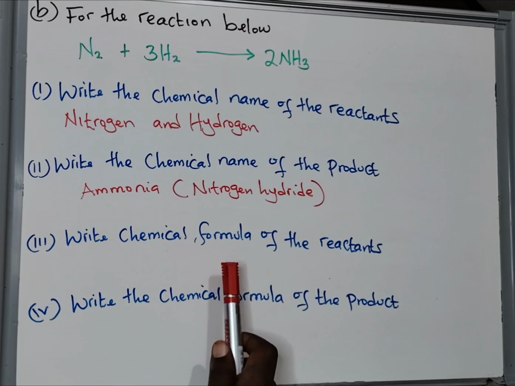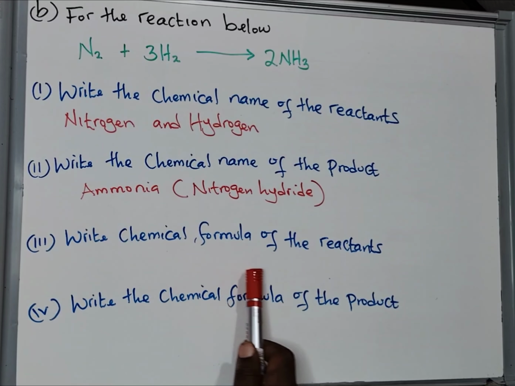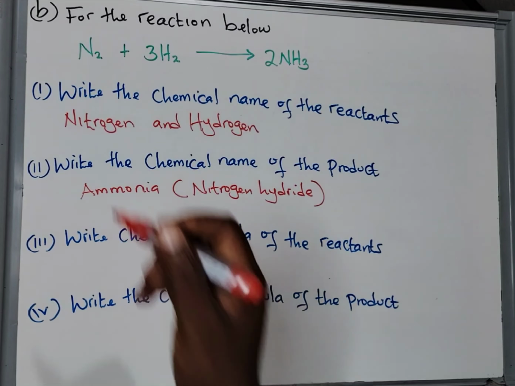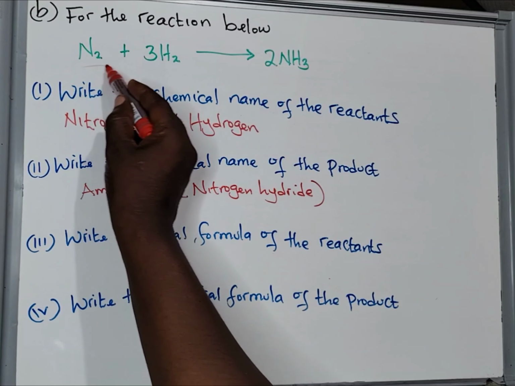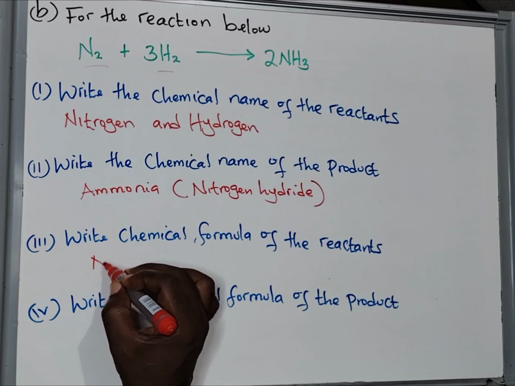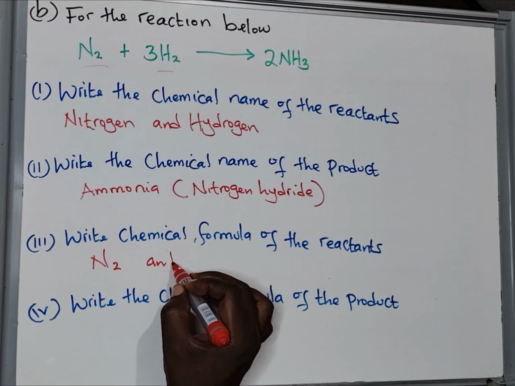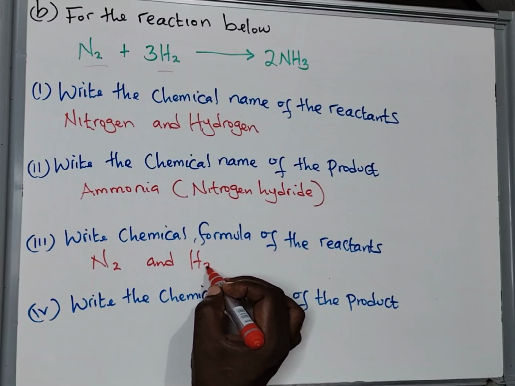Yes, so comes this question. It says that for the reaction, write the chemical formula of the reactants. So what's the chemical formula of the reactants? They are shown here. As you see them, they are chemical formulas. So the first one is nitrogen. And the second one is hydrogen.